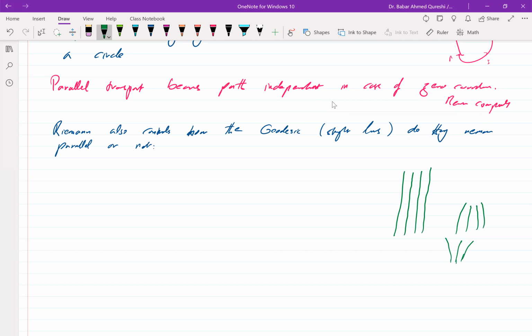So this is what I'm going to study: how can I tell if they are converging or remaining parallel. So I take a family of these geodesics. So consider a family of geodesics.